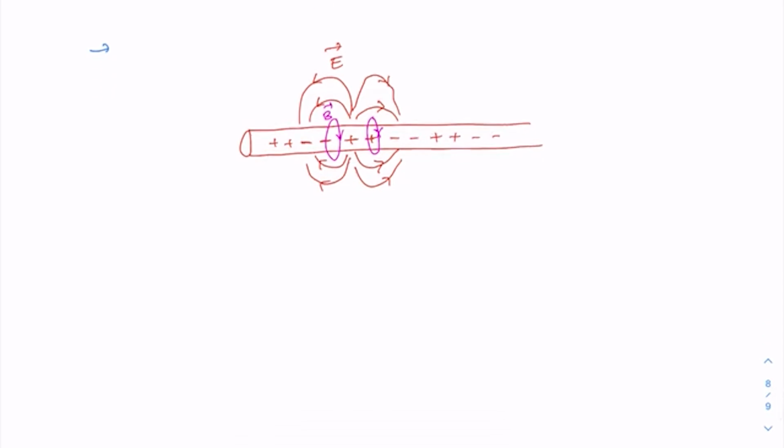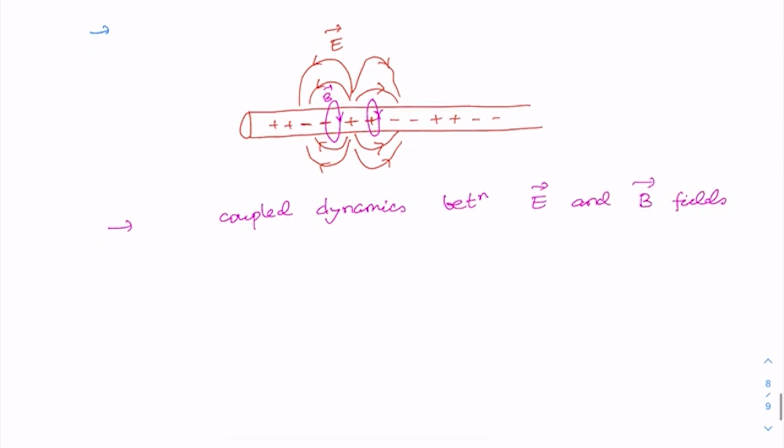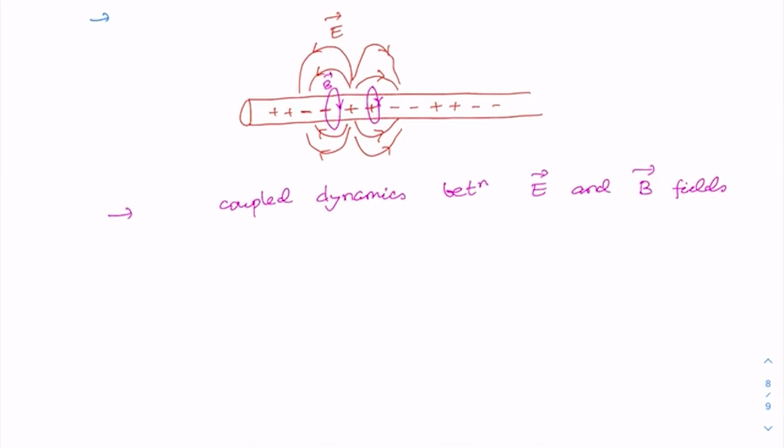So a kind of coupled dynamics between electric and magnetic fields will occur, and this is going to result in a wave traveling along the wire.